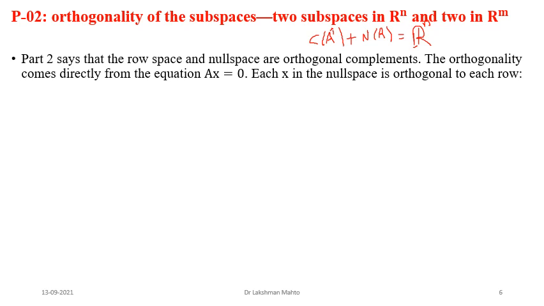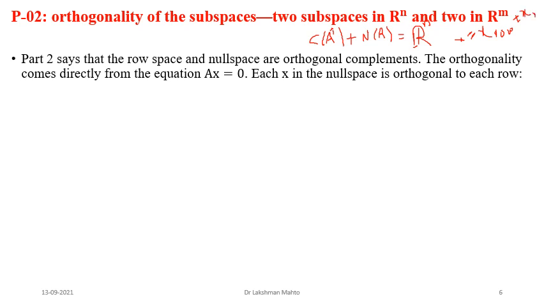And one more thing: if you take any element x from the domain space, you can always write it in two forms. You can decompose it into two parts. One would come from the row part, x row. Another would be in the null space, which we call x null. This is one kind of orthogonal decomposition.